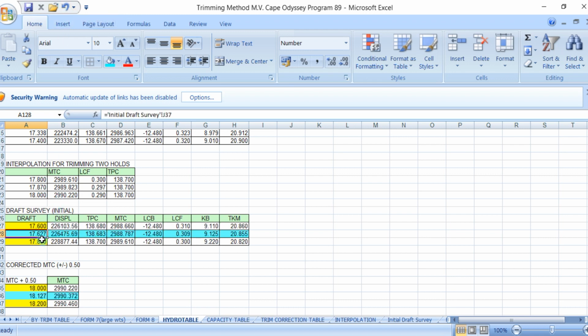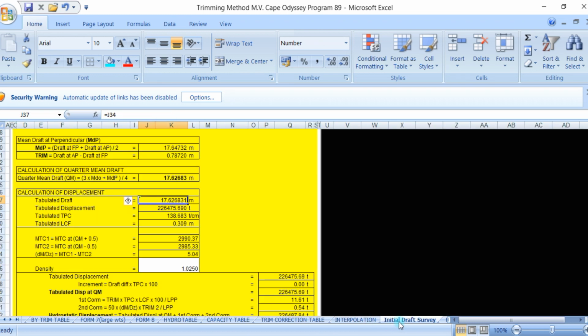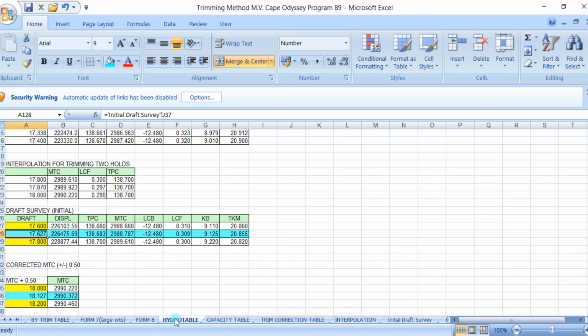It is in initial drop survey, that will be J number 37. So this is the drop. You take out this quarter mean drop, put it here in your hydrostatic table, and all the rest will come out.